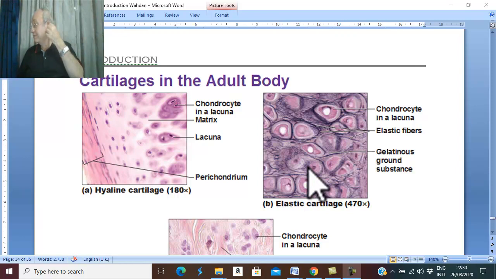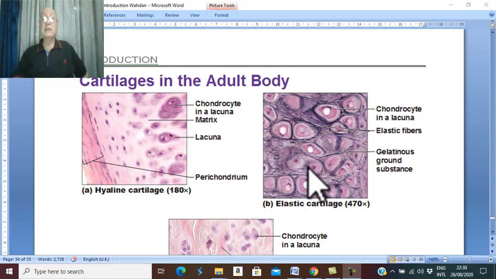Palpate this, elastic. The auricle of the ear. This is called the auricle of the ear. Elastic.